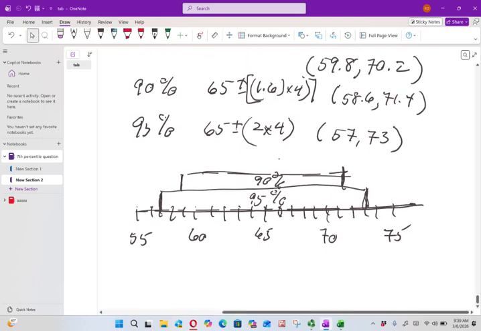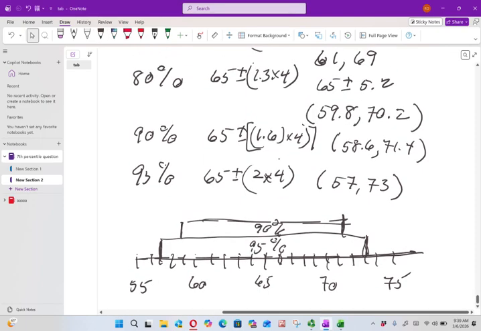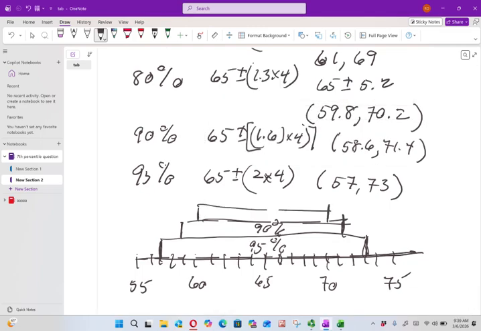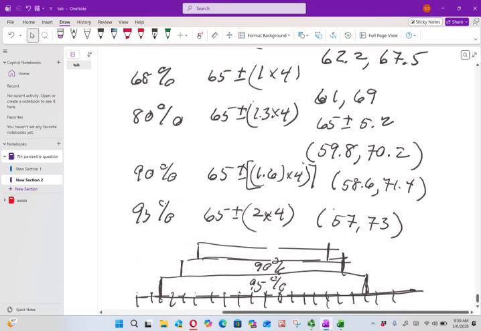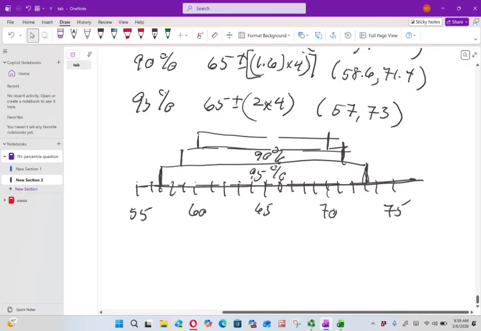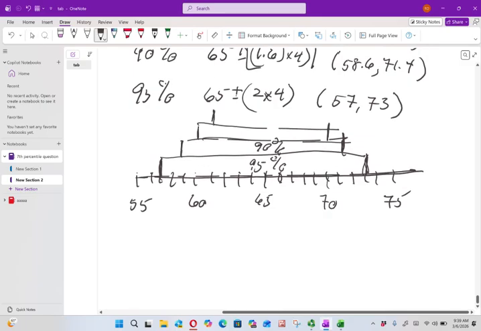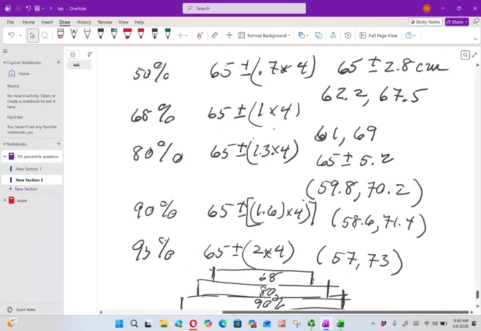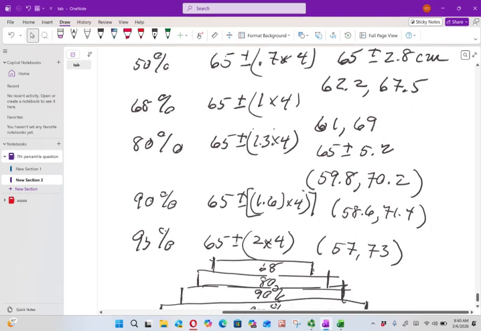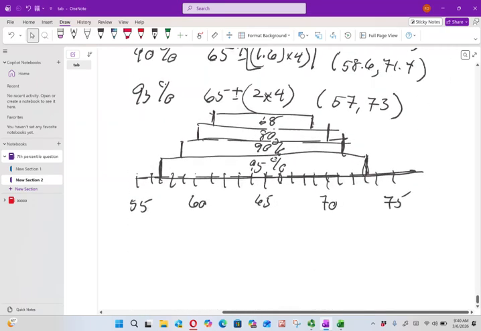The next one is the 80%, 59.8 to 70.2. These are always symmetric. The 68% is 61 to 69. That's the 68. This is the 80. And the 50, which I don't have room for on here, 62.2 to 67.5.